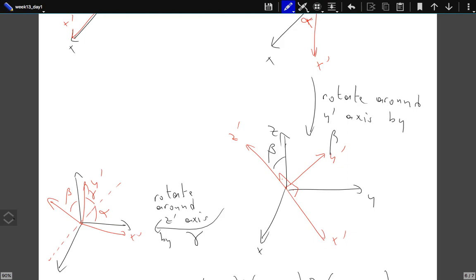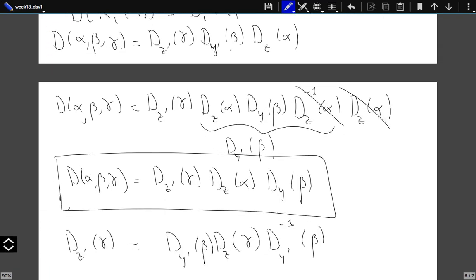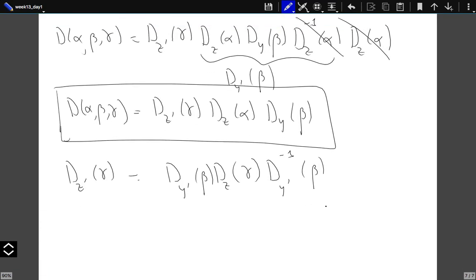Then I consider a rotation around my new z axis, which is nothing but my z prime axis, and then I rotate my axis back. This transformation just aligns my z-axis with the z-prime axis. That's the passive transformation. This is an active transformation which rotates around this new z-axis, and this rotates my coordinate axis back to its initial coordinates.